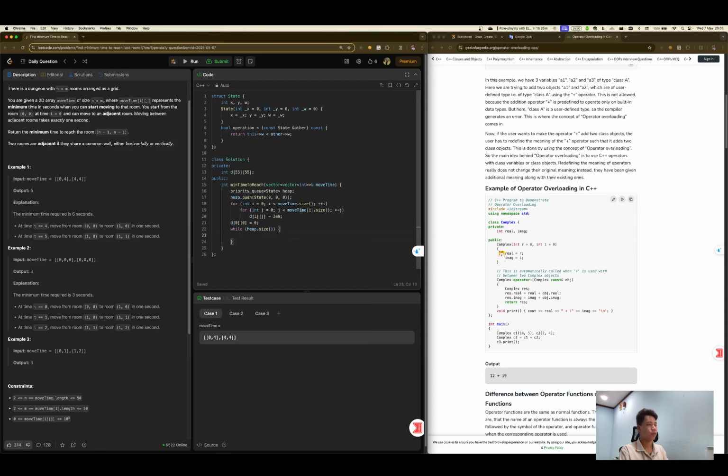Head, top, no, heap top, and the d. Okay, if the state is not equal to the target, so we could continue.